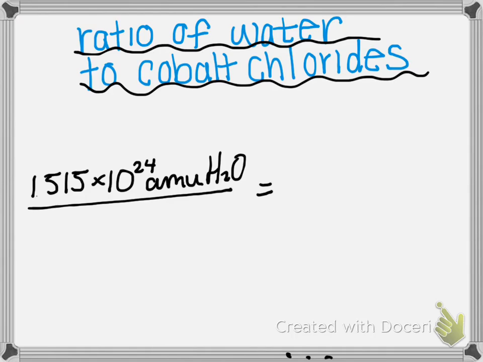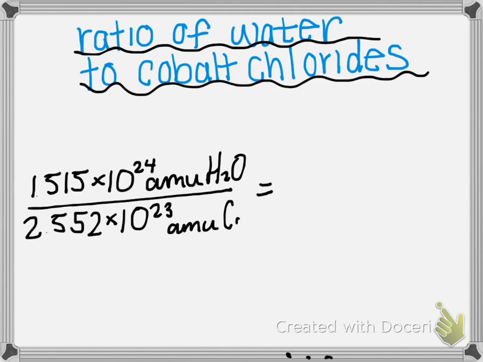And you're going to divide that by the number for CoCl2, cobalt chloride, which was 2.552 times 10 to the 23rd AMU of CoCl2.